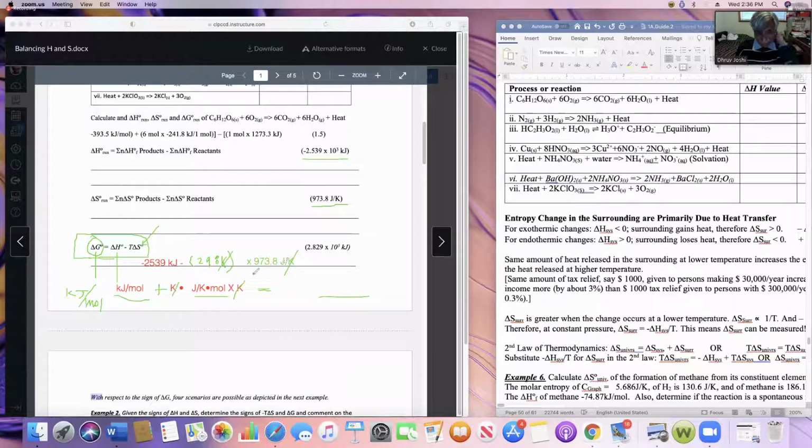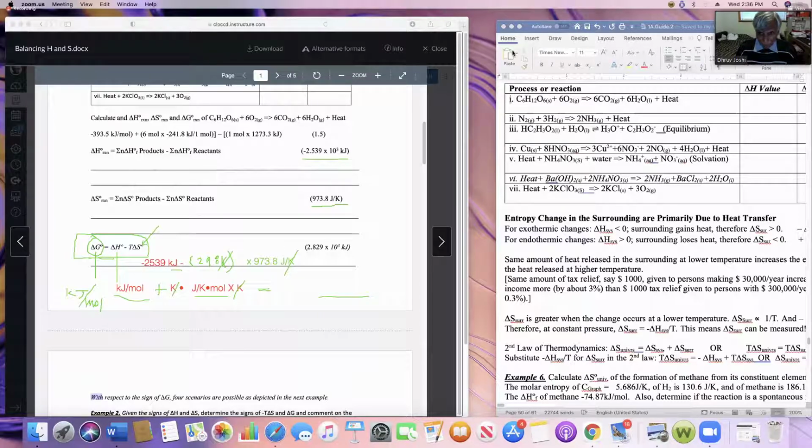These are kilojoules and these are joules, so we have to do a little math to deal with that. Usually we like to have the answer in kilojoules because joules are too small, so we convert this into kilojoules.